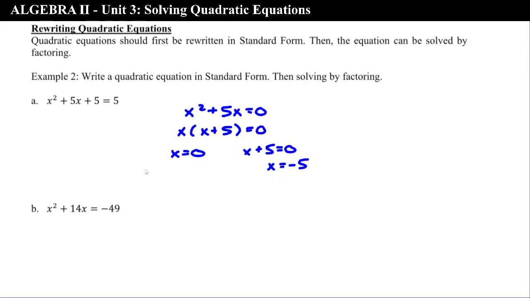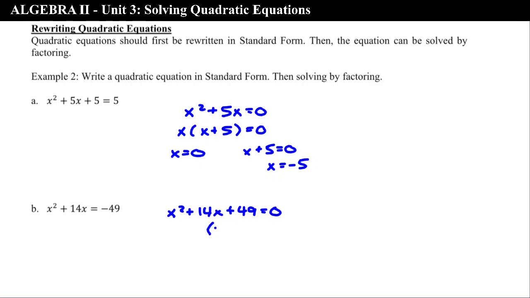For the second example here, we've got to move 49 over to the other side. So we're going to do x squared plus 14x plus 49, because we have to add it to each side, equals 0. Well, I recognize this as being a perfect square trinomial. You have x, you have 7x times 2 is 14x.